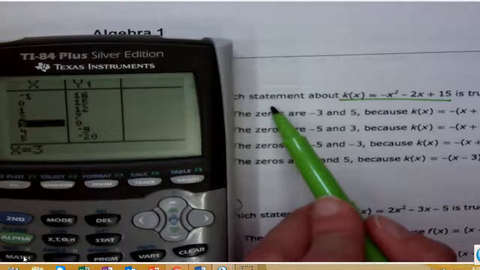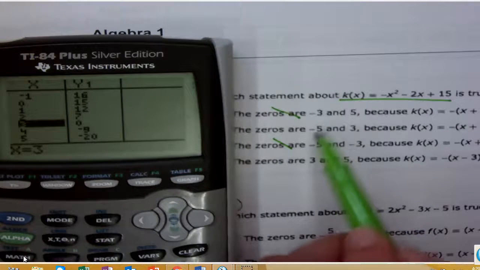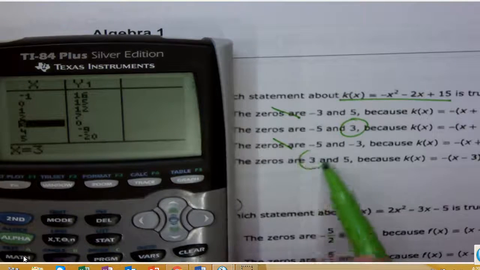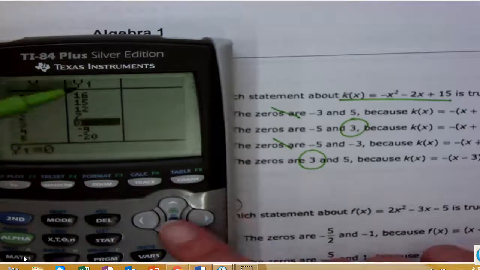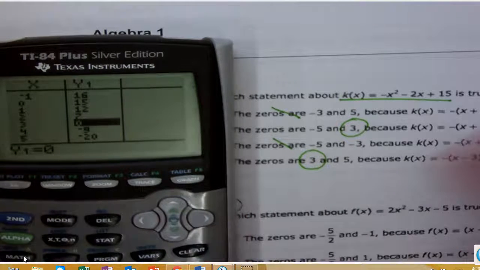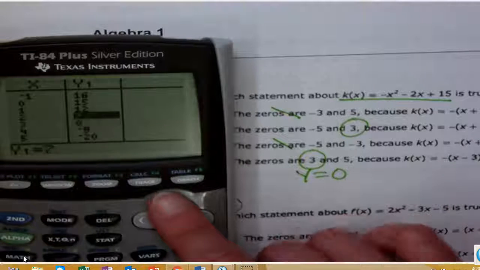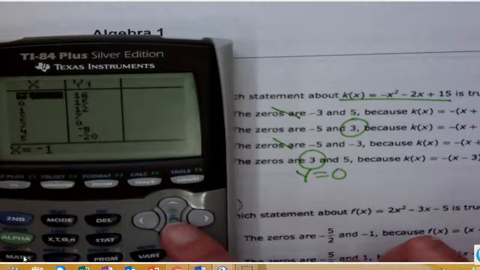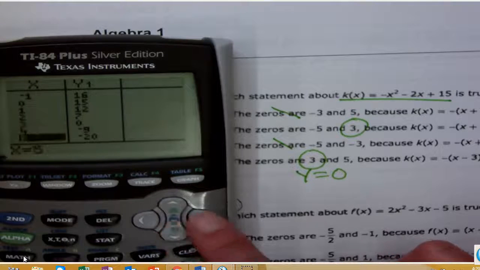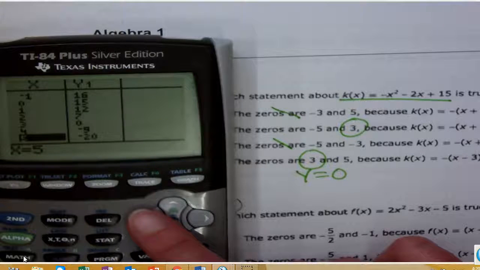So I can immediately cross out this one and this one because I'm looking for a +3. I'm looking in my y column. Where is my y equal 0? Now I'm going to look and see, okay, here's +5. That's at -20. So +5 doesn't seem to be it.